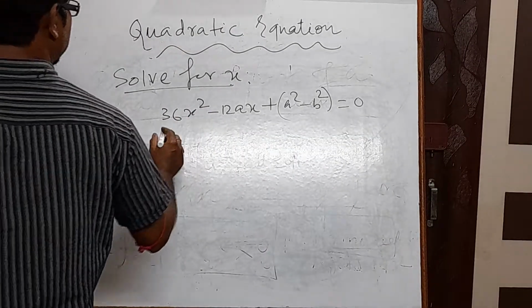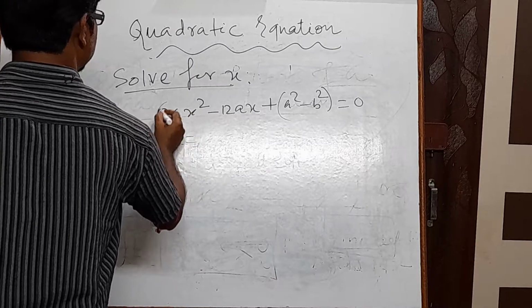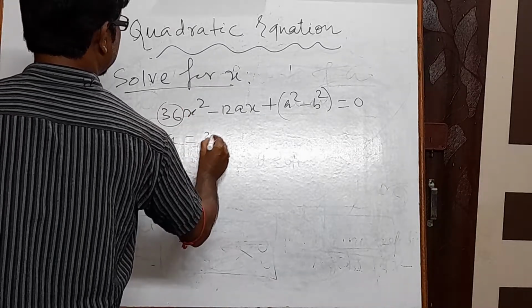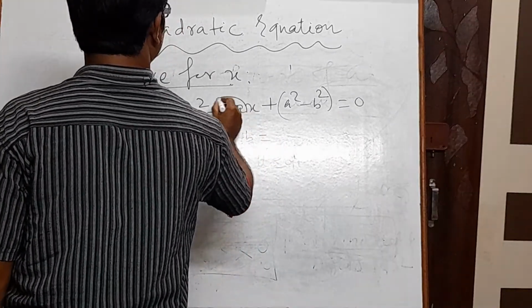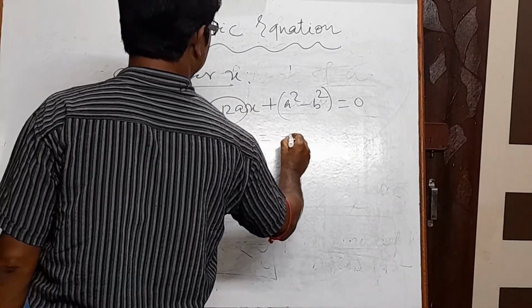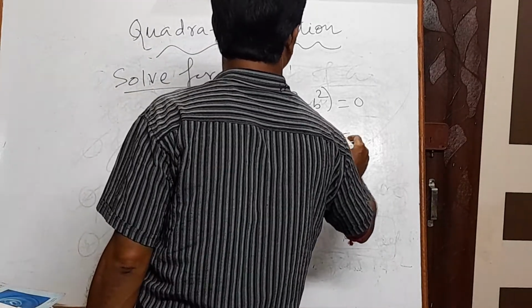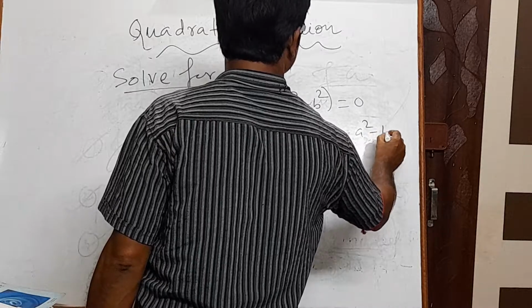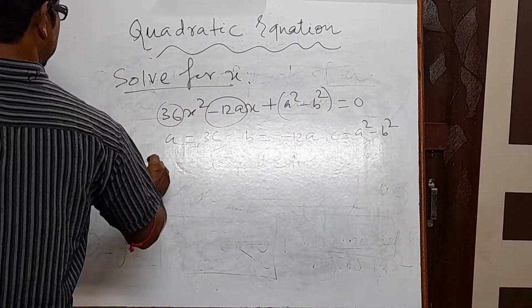What will be the value here? See, a is equal to what? A is the coefficient of x square, so a is 36. B is the coefficient of x, that is minus 12a. And c is a square minus b square. What is the formula to find the discriminant?